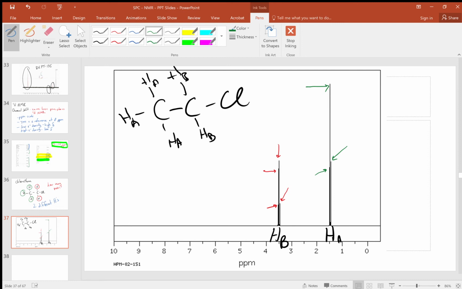Instead of just 2 simple peaks, why so many peaks? So before we can answer that, we're going to look at a different spectrum.